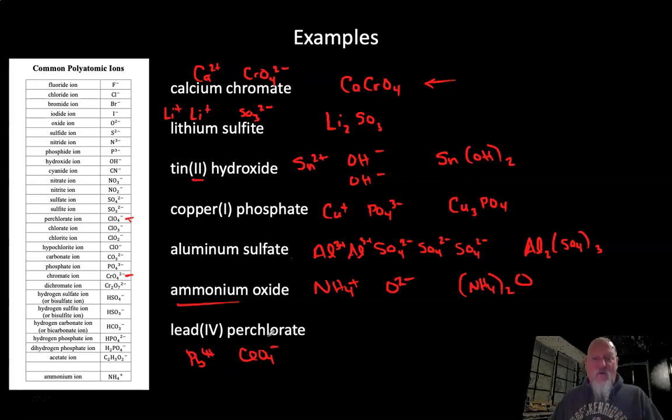So I need 4 of the perchlorates. So I'm going to write Pb, parentheses, ClO4, 4. Okay, that tells me I've got 4 ClO4s. Each ClO4 is a single minus. So if I've got 4 of them, I have 4 minuses, and the lead here is a 4 plus, so that's exactly right.